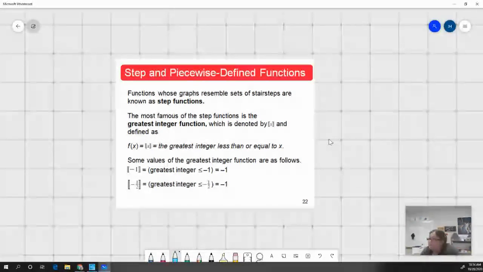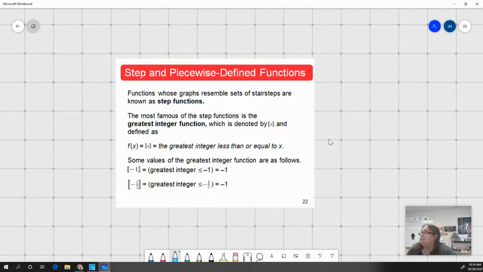And it's denoted by those two little liney brackets. It's defined as f of x equals the greatest integer less than or equal to x. What does that mean? Some values of the greatest integer function are as follows.